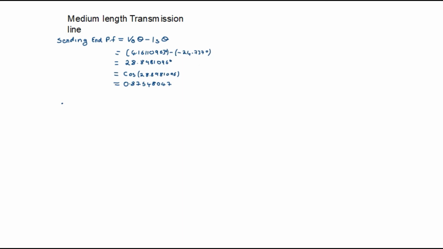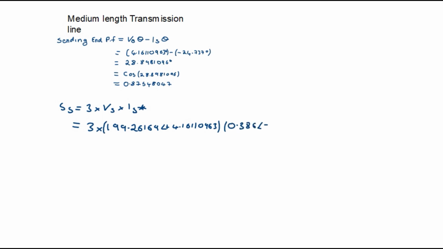Let's calculate the sending end first, SS, which is 3 times Vs times the complex conjugate of Is. This is 3 times 199.26169 at an angle of 4.16110963 times 0.386 at an angle of plus 24.737 degrees.